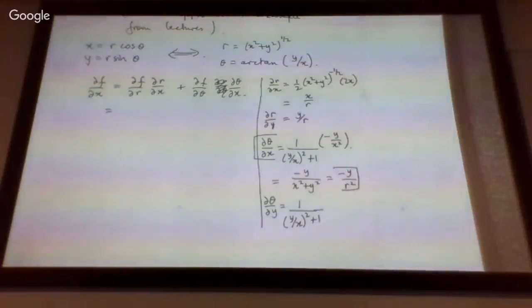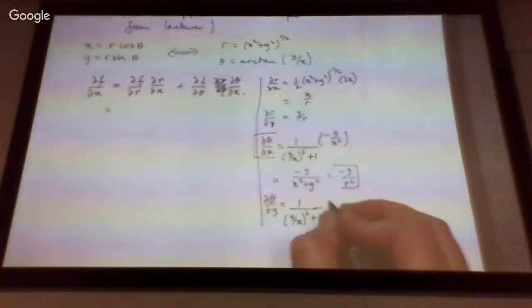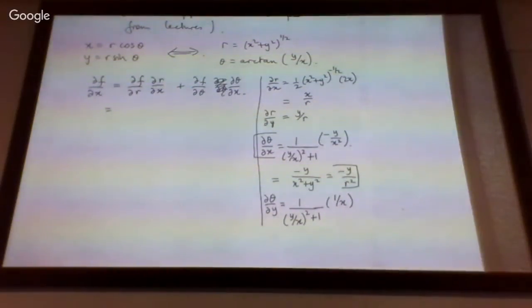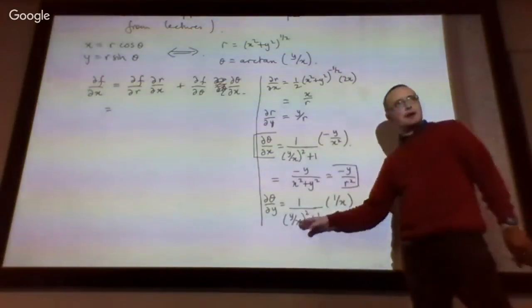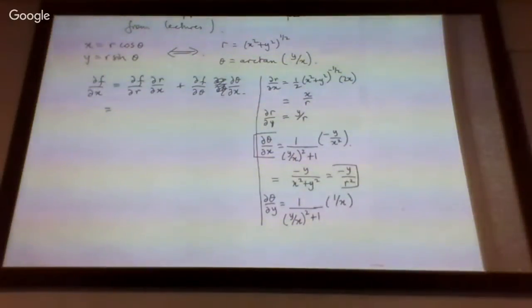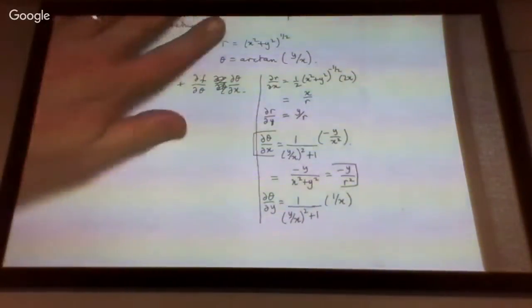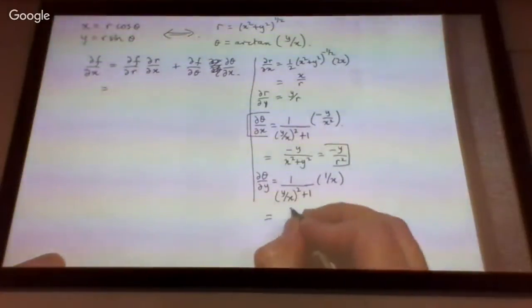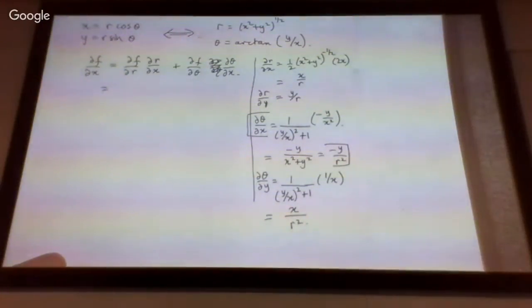So that's just 1 over x. And again, we can tidy up the denominator by turning it into r squared, by multiplying the denominator by x squared. So let's do the same to the numerator, and we'll recover x over r squared.